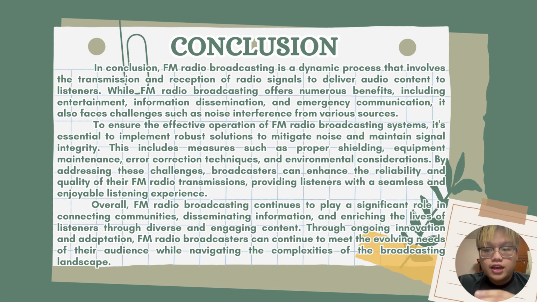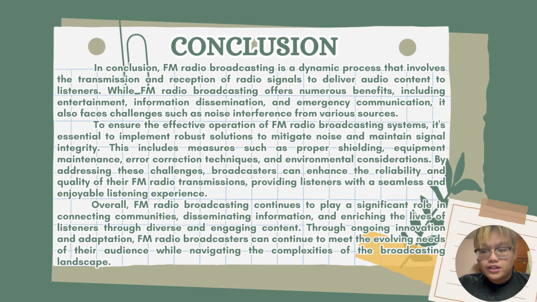In conclusion, FM radio broadcasting is a dynamic process that involves the transmission and reception of radio signals to deliver audio content to listeners. While FM radio broadcasting offers numerous benefits, including entertainment, information dissemination, and emergency communication, it also faces challenges such as noise interference from various sources.